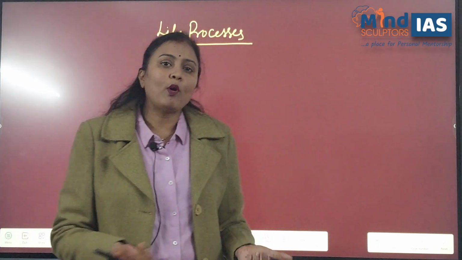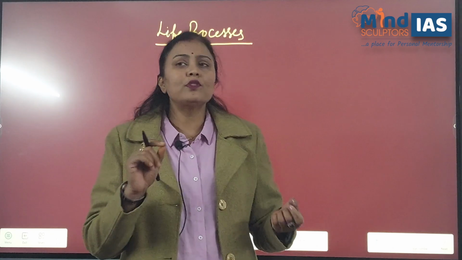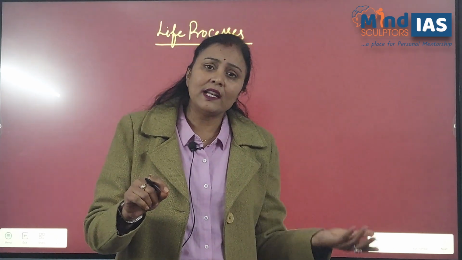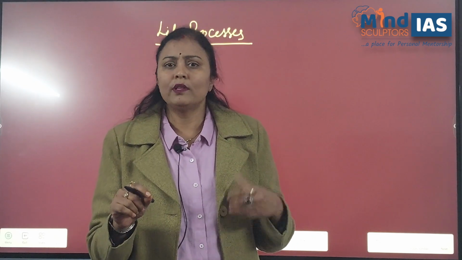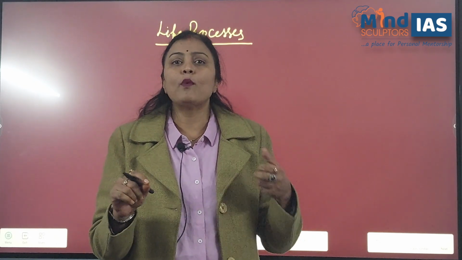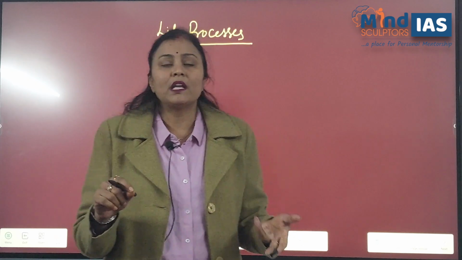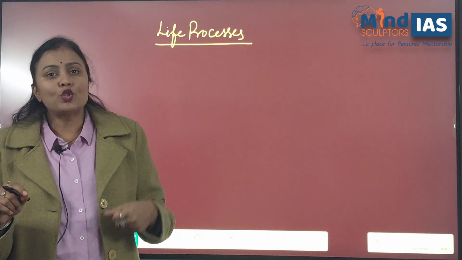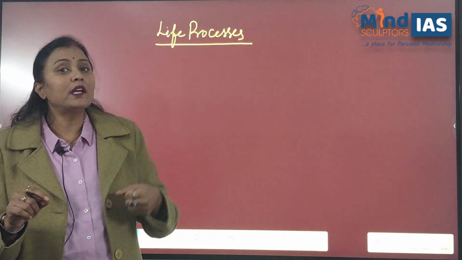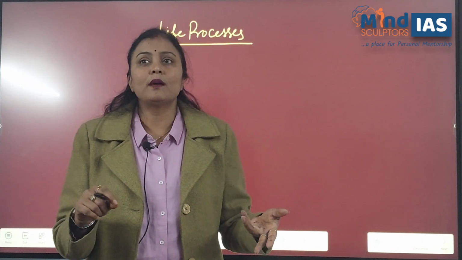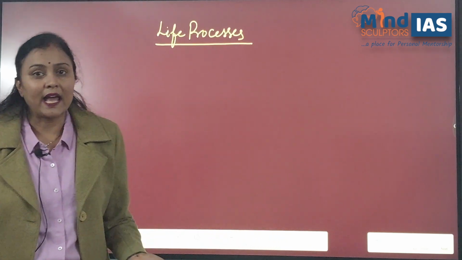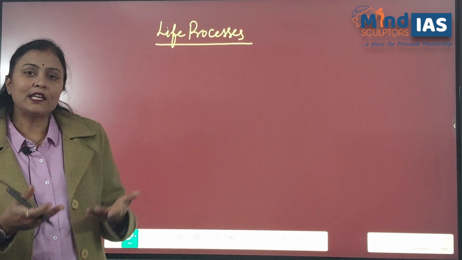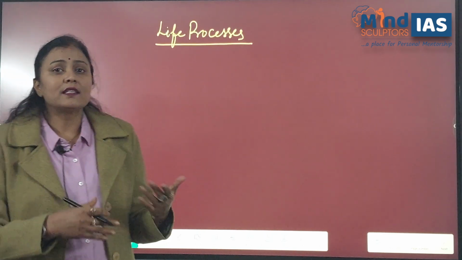And if we talk about any living system, the most important thing in a living system is, you have studied in class 9th NCERT also, that we human beings are made up of cells. Then cells unite and form tissues. Tissues unite and form organs, and organs unite and form organ systems, and then the entire organism. So we are basically made up of cells, tissues, organs and organ systems.